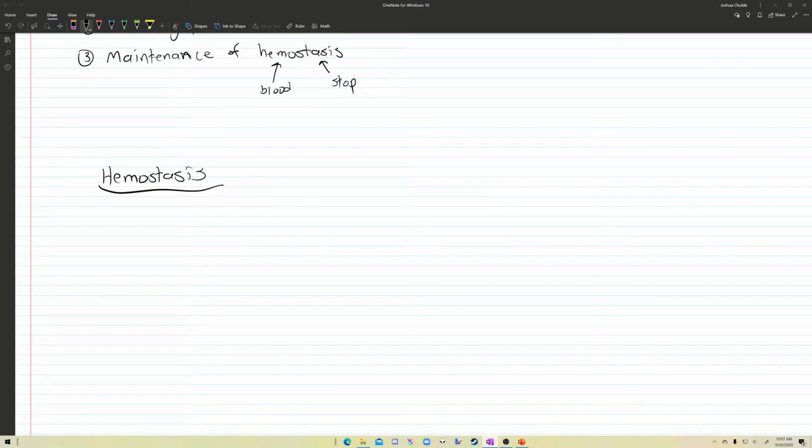There are 3 steps that occur to stop the bleeding. The first step is what's called the vascular phase. Basically what happens is called vasospasm. What vasospasm does is it contracts the muscle that lines the blood vessels. That's how it works.